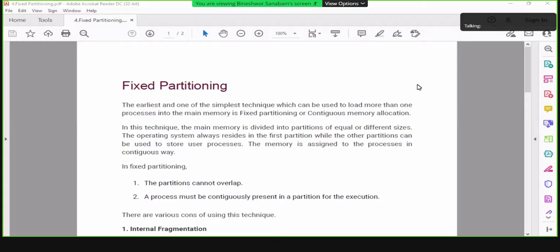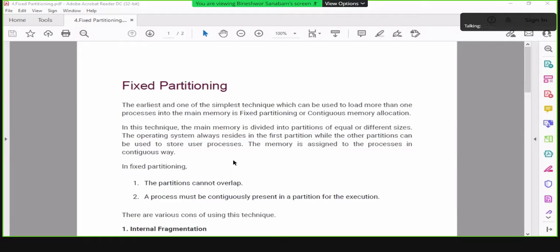The operating system will use the first partition, while the other partitions can be used by the other user processes. One point to note here is that you have to assign the process in a contiguous way, that is, we have to assign the memory in a sequential manner of the memory locations.